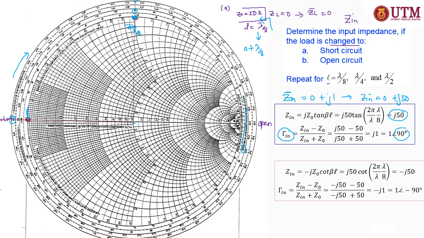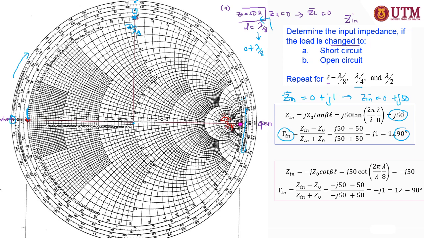Right, same goes when you change L to lambda over 4. Lambda over 4 equals 0.25, so 0 plus 0.25, you get 0.25. So your Z in at lambda over 4 equals this point. Here is Z in at lambda over 4.